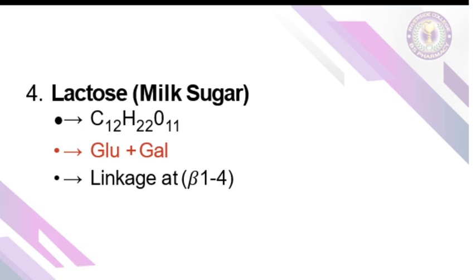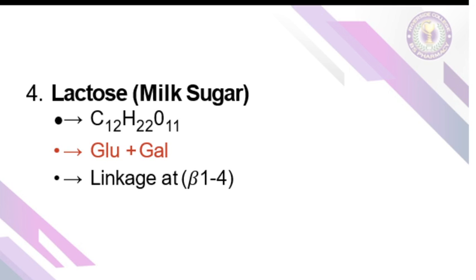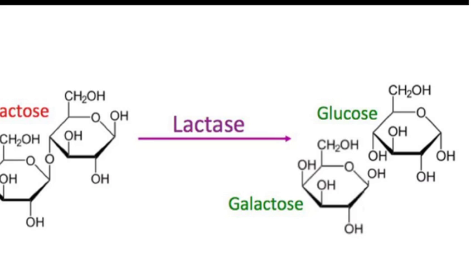Okay? Next, we have your lactose or your milk sugar. It is glucose plus galactose linked together at beta 1 and 4. It means that at my carbon number 1, my OH is placed upward, and it reacts with carbon number 4 of your galactose. This is a representation so you can see how they react together.